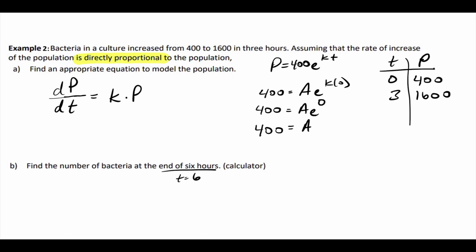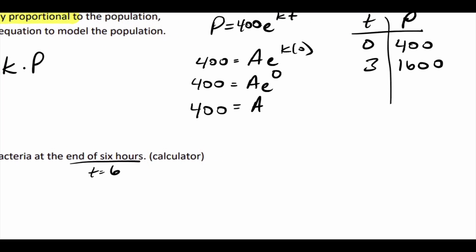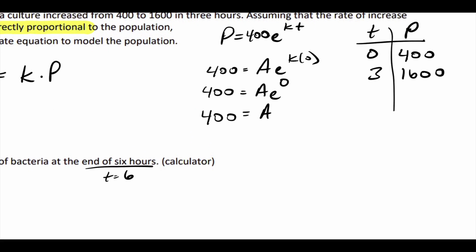If I had k, then my calculator will calculate an answer, right? 400, e is just e. I got a button like that on my calculator. I'm okay there. T is going to be 6 down here, right? But I don't know what k is. So I got to figure out what k is. So let me use my extra point. I got an extra point, right? 3, 1600. Plug in 3, plug in 1600.